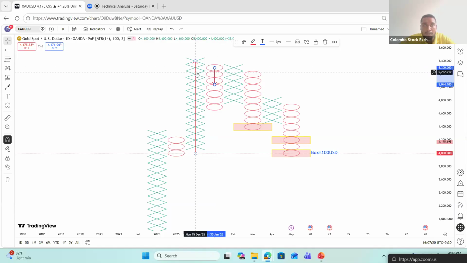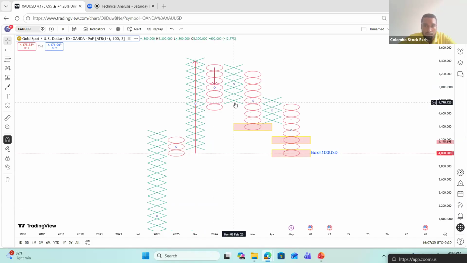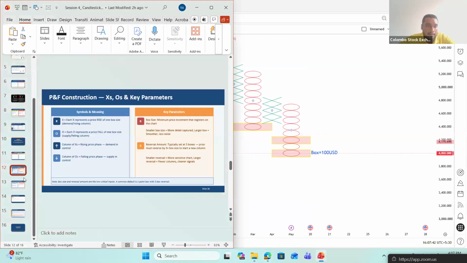When the price goes down to 4,300, still the O is not there. When the price has gone down by 300 USD, then there will be 3 O's marked in the chart. That's how this chart is formed. What's important is how we actually make a decision based on the chart, so let's look at that.